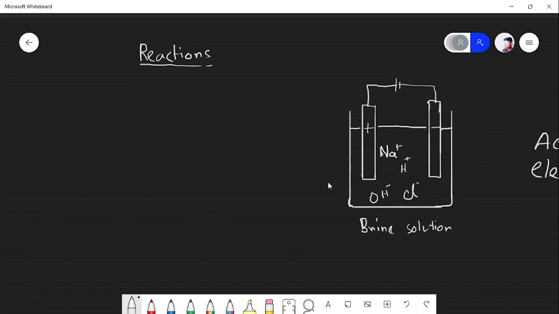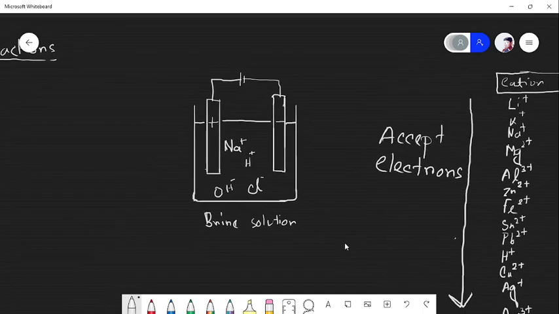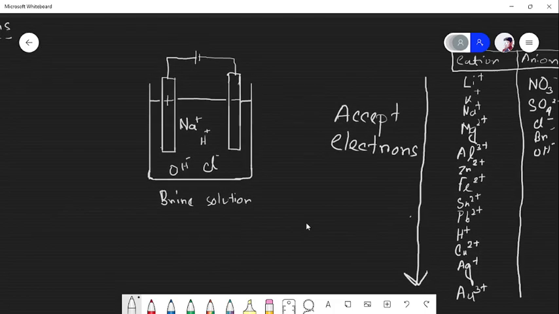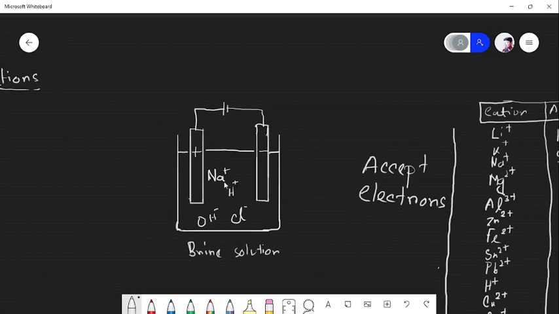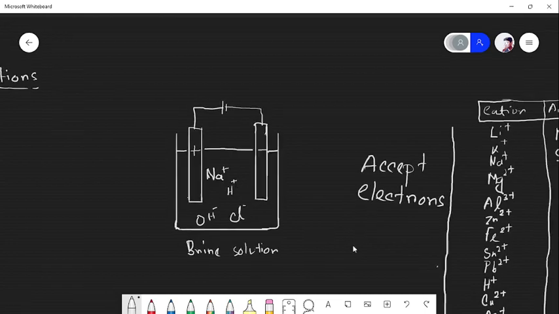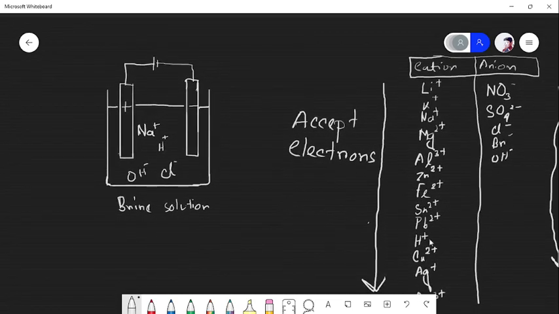So what do you think will happen here? Let's see what our cations are, sodium and hydrogen. Hydrogen is below sodium, so it will go first.